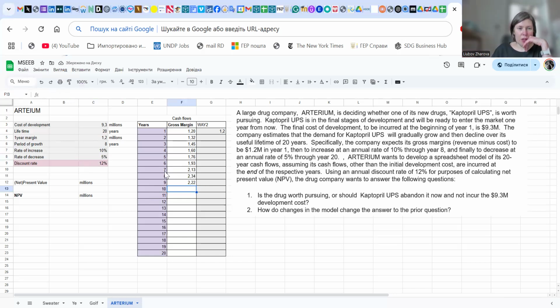We need to remember to fix the reference, because sometimes the only mistake you make is not fixing some variable. Perfect, it works. The problem here is that if you change something, 8 years, 5 years, 2 years, it will not affect the table.